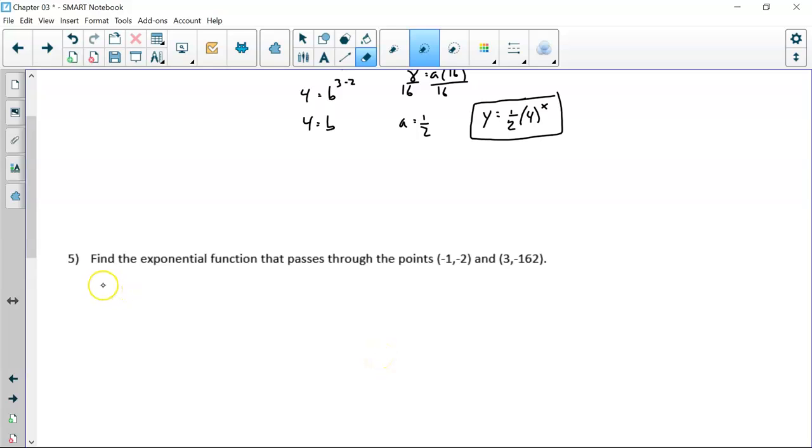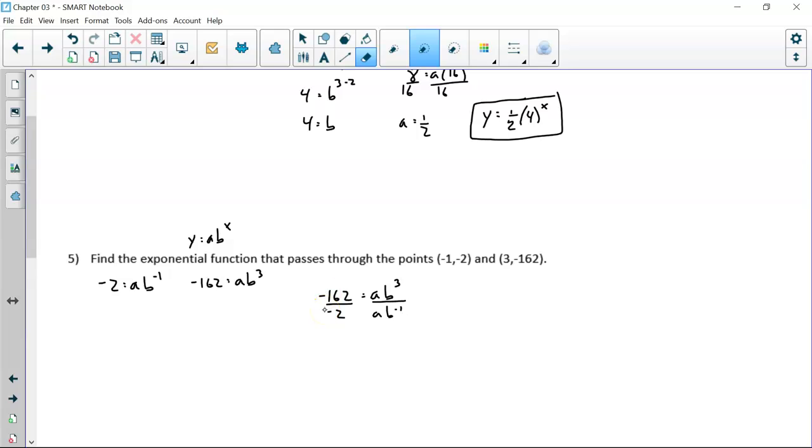Same thing. Negative 2 equals a times b to the negative first, because it's in that y equals a times b to the x form. And then negative 162 equals a times b to the third. I want the one with the higher exponent up top. So negative 162 equals a b to the third on top, and then negative 2 equals a b to the negative first on the bottom.